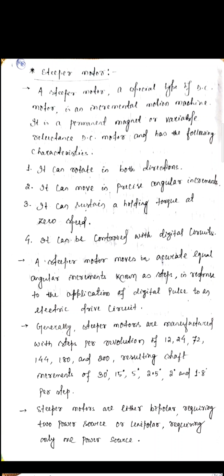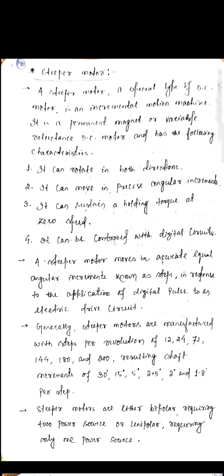A stepper motor moves in accurate, equal angular increments, known as steps. Step by step, it can move in response to the application of digital pulses to an electric drive circuit.